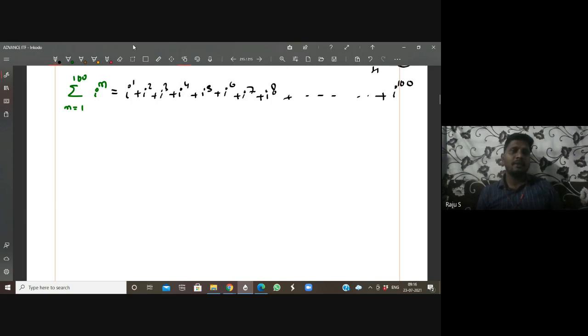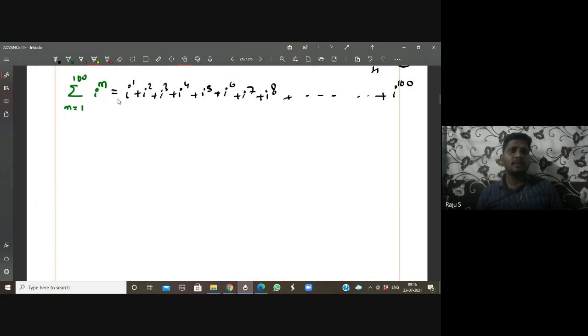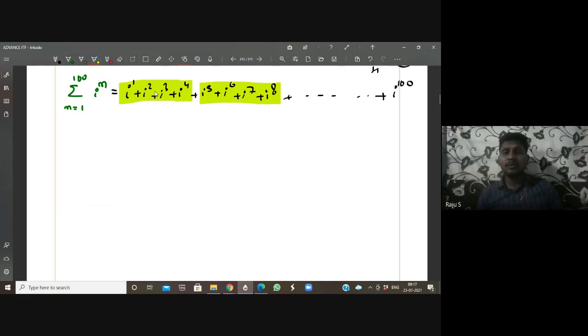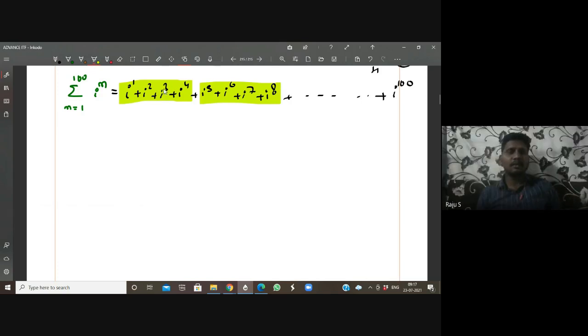If I expand, continuously 4 values of iota always become 0. 1 to 4 is 0. 5 to 8 is 0. 9 to 12 is 0. Sir, 2 to 5 is also 0, sir. Yes, 2 to 5 is surely 0, 4 values continuously.